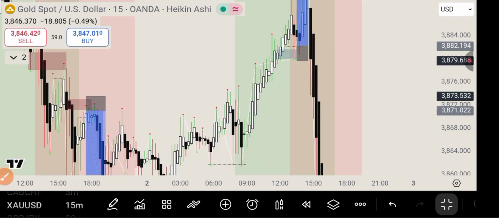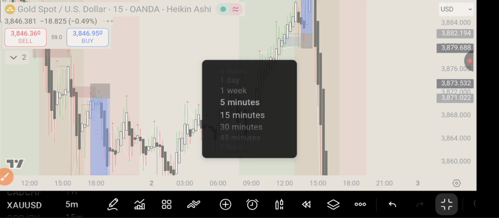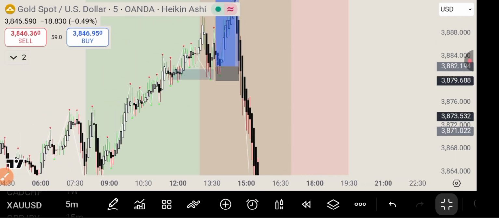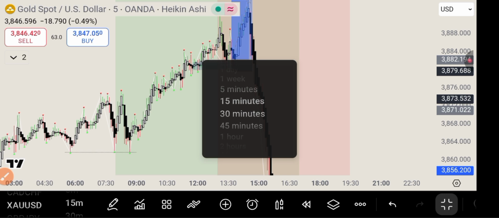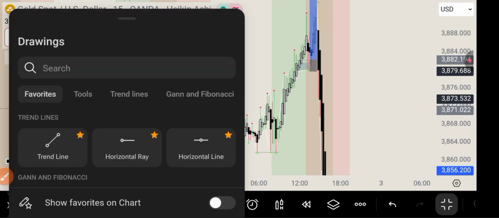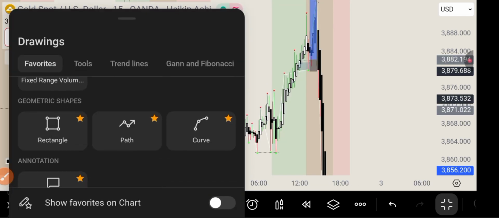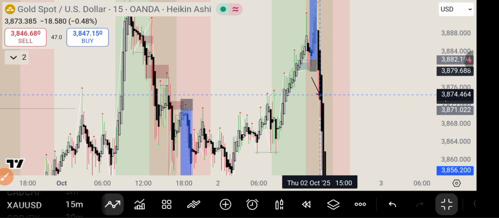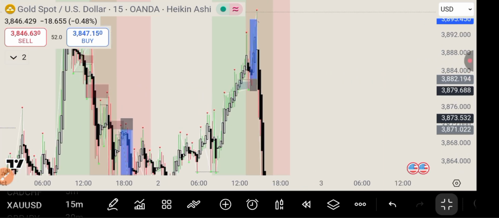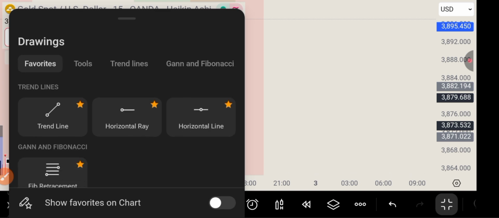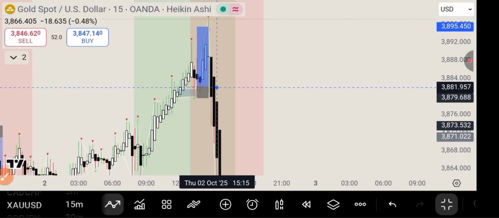But there was one kind of trading pattern on the 5-minute time frame that I waited for price to do. It's either price on the 15-minute time frame comes back into this breaker block and starts going bullish, or on the 5 minutes time frame, price will grab liquidity and give me a confirmation.